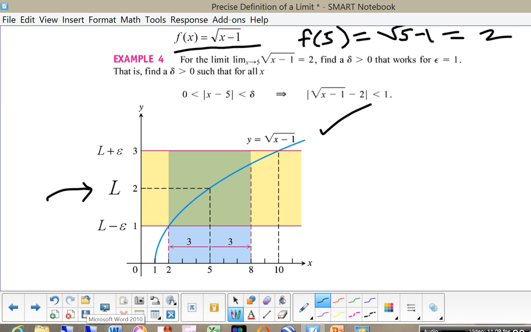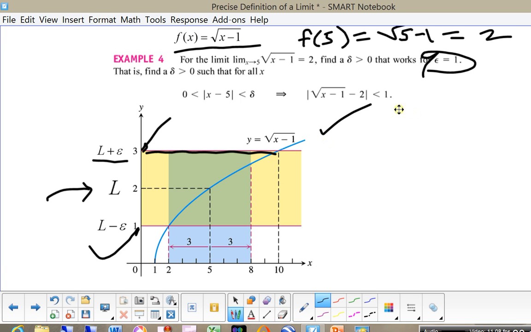And if someone has given us an epsilon equal to 1, this is just an example. Someone gives us an epsilon equal to 1. We calculate L plus epsilon is equal to 3, L minus epsilon equals 1. And so we want to find out what value of x produced y equal 3.